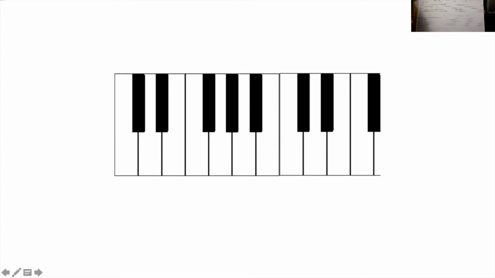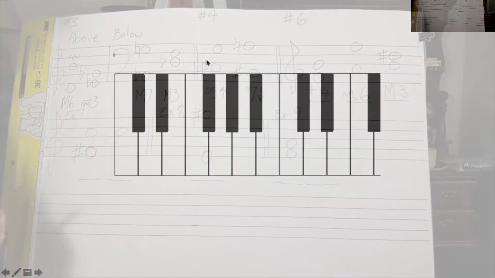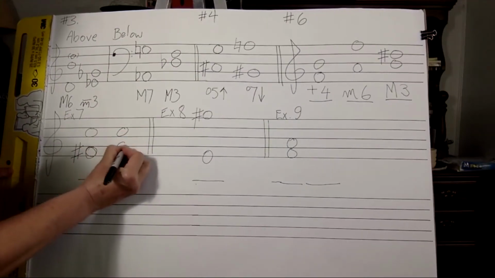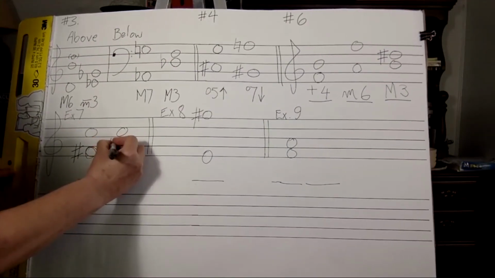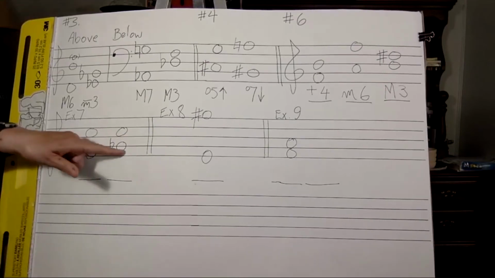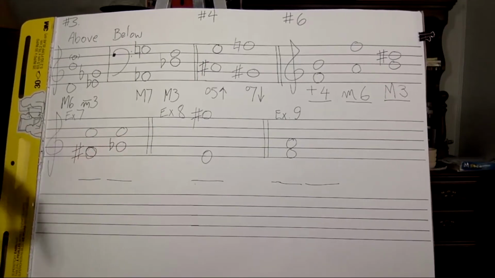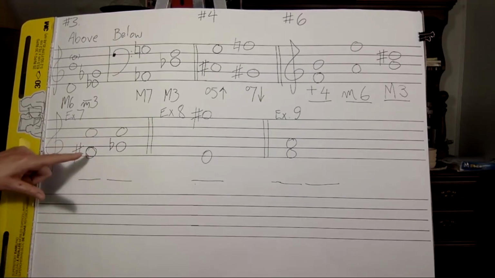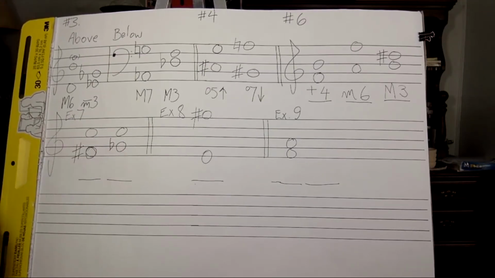But this same black key could also be thought of as some kind of a G, a lower G, a G that had been lowered by a half step. So I'm going to rewrite the note as a G. These two intervals sound the same, even though we're going to be giving them 2 different labels, and even though they look different on the staff.